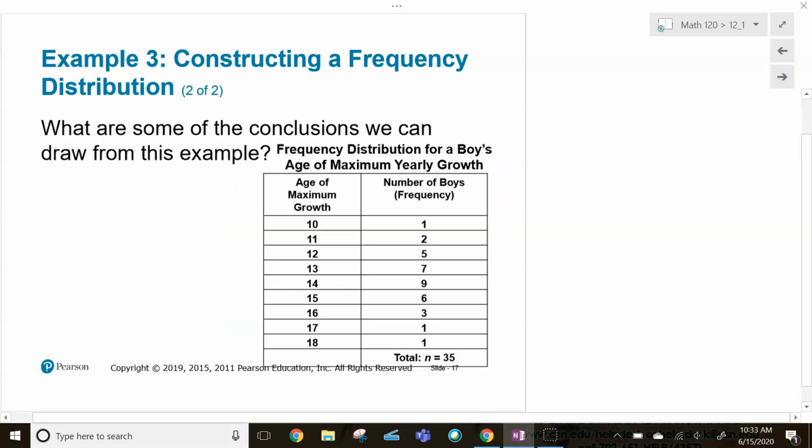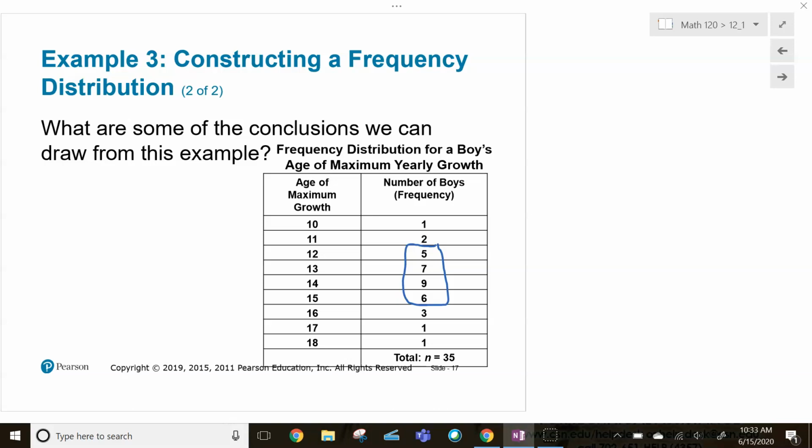Now, if they were to ask, what are some of the conclusions you can draw from this example? So if you're looking at this, you're probably thinking, it looks like between 12 and 15, that's where most boys have their biggest growth in a year, right?